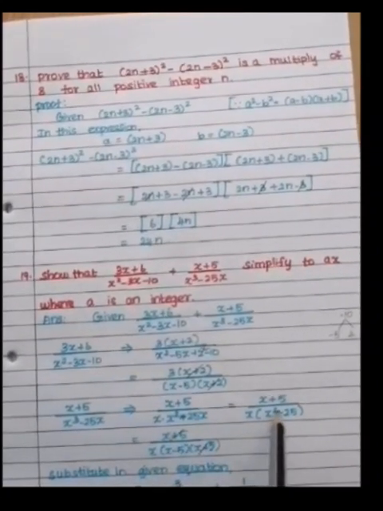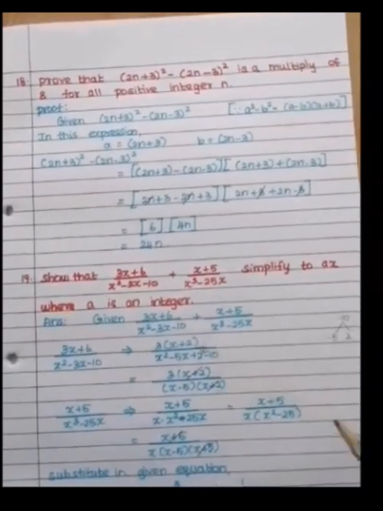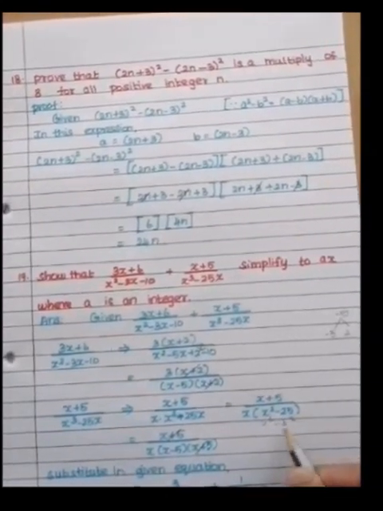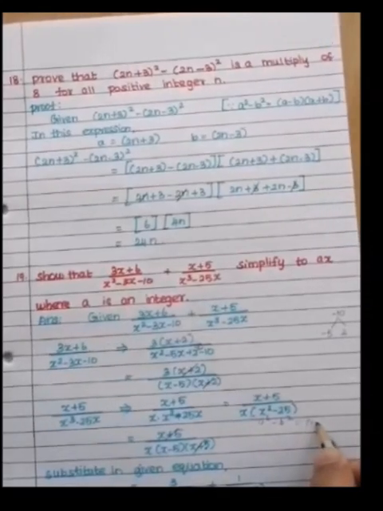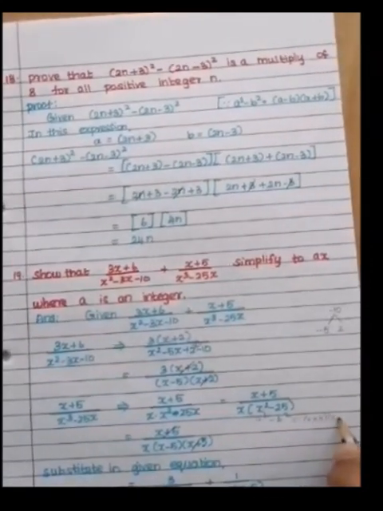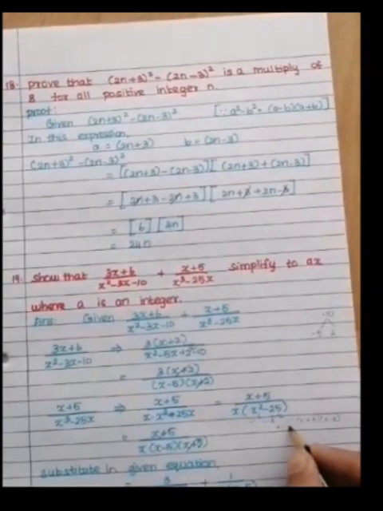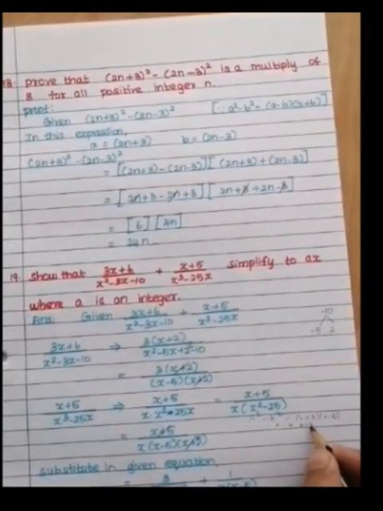X square minus 25 means a square minus b square, which is equal to a plus b into a minus b. Here the a value is x and b value is equal to 5.